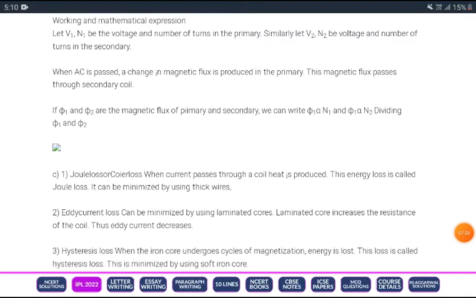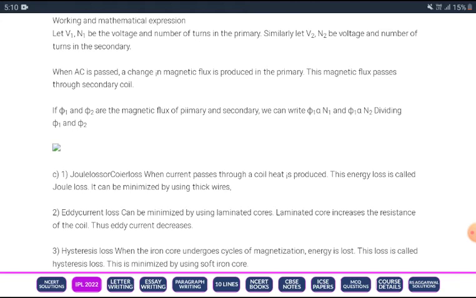Eddy current loss can be minimized by using laminated cores. The laminated core increases the resistance, thus eddy current decreases.